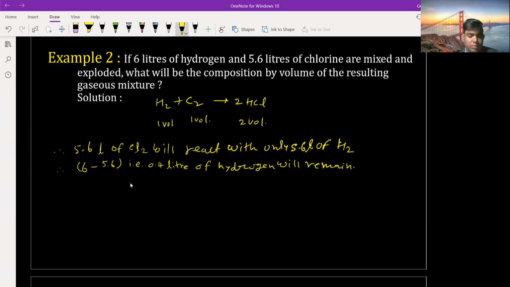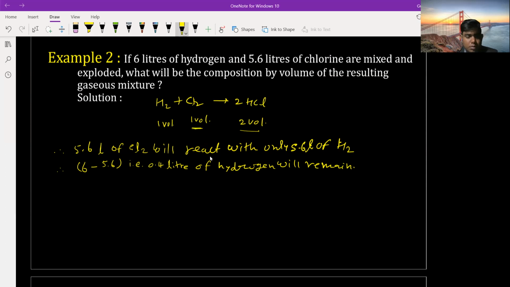So since the volume of HCl gas formed is twice that of chlorine used, okay, because here we can say one volume of Cl2, chlorine. One volume of chlorine gives 2 volume of HCl.